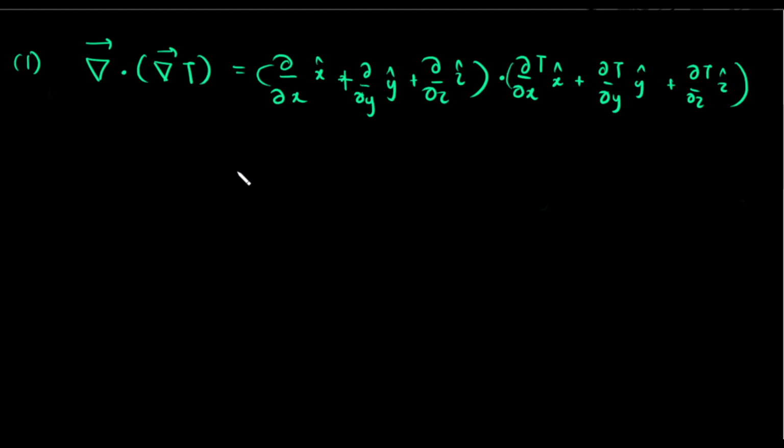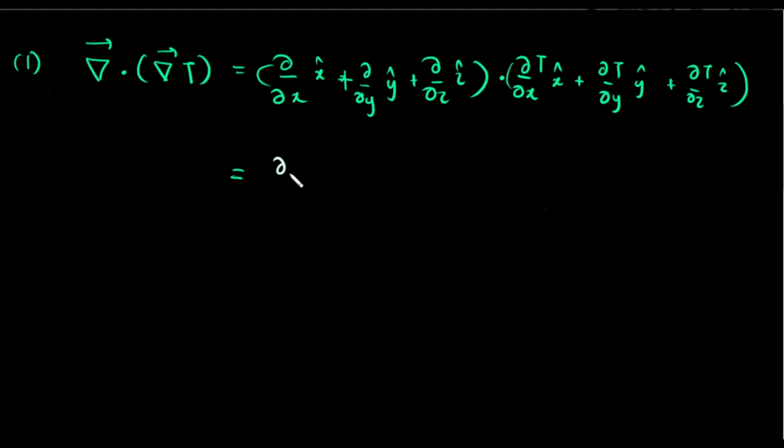These are basic things, so I don't need to go through these steps. When we have ∂/∂x twice, it is going to be squared, because ∂/∂x here and ∂/∂x here is a common term.